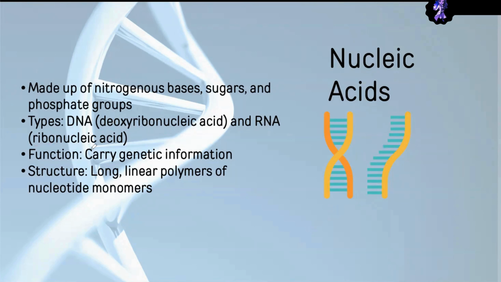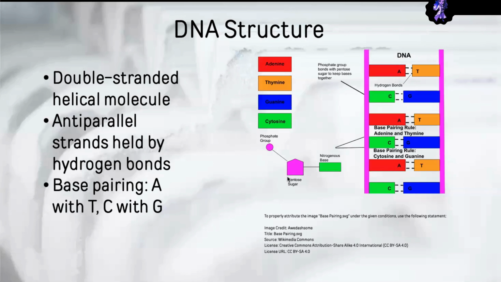Once again, they carry the genetic information, and the basic backbone of what nucleic acids are is nitrogenous bases, sugars, and phosphate groups. So the way that you can understand DNA structure, which is further detailed in further units, is understanding what the backbone is and the parts.